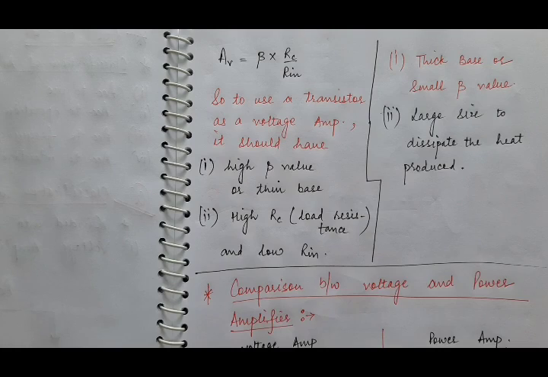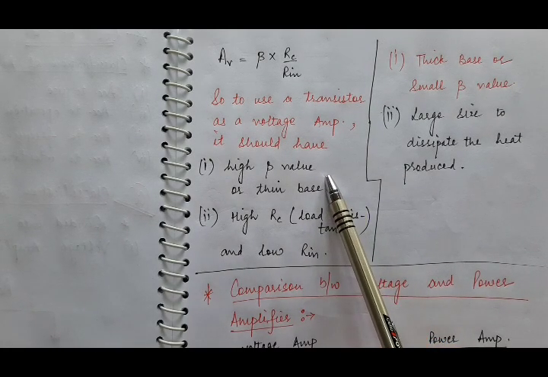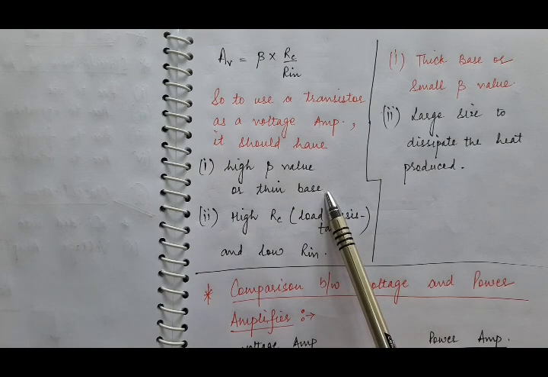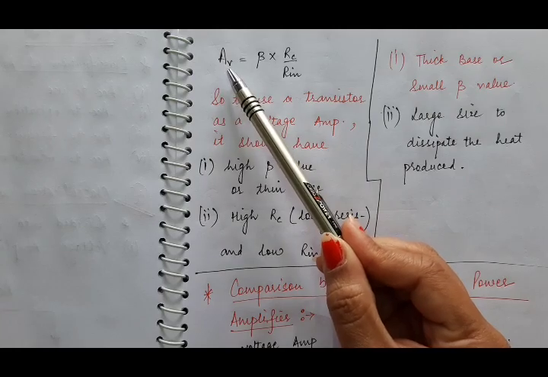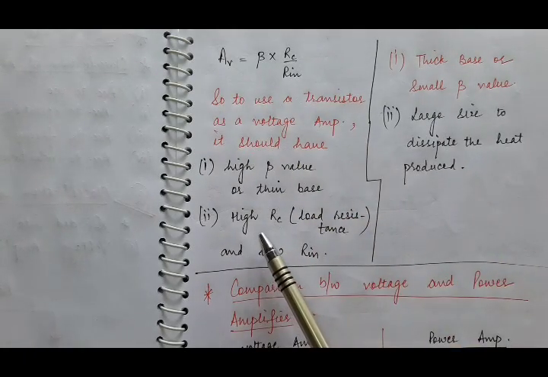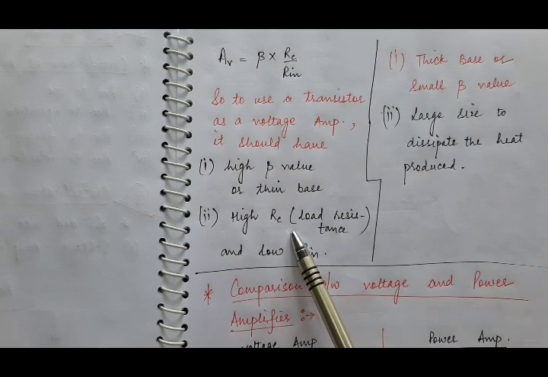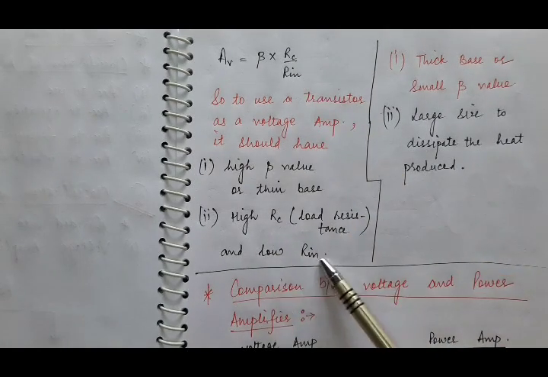So to use any transistor as a voltage amplifier, it should have high beta value. For high beta value, we need to have thin base of transistor. And to have high voltage gain, the transistor should have high value of output impedance, or you can say load resistance, and low value of input impedance, that is R input.